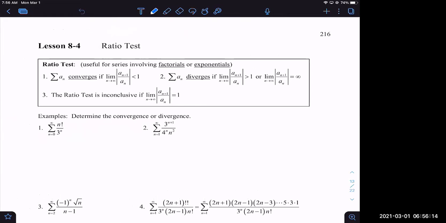Okay, the ratio test is very similar to the geometric series test.